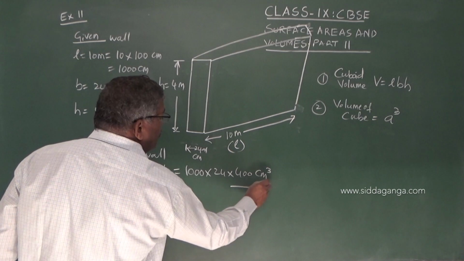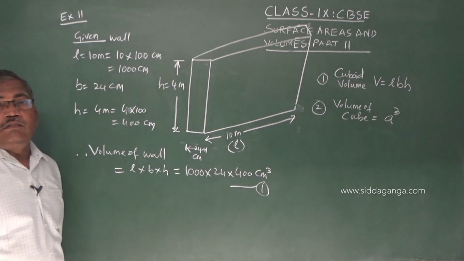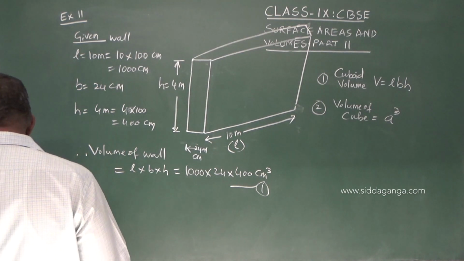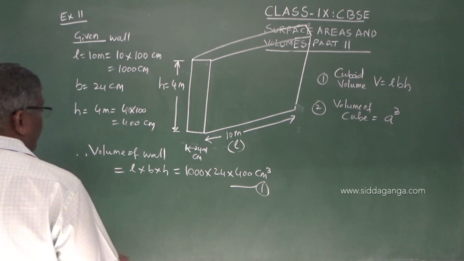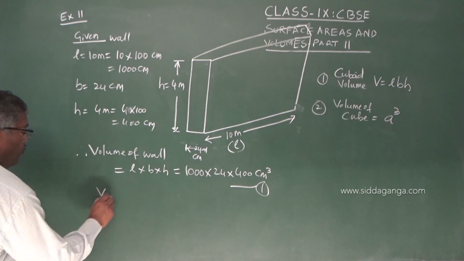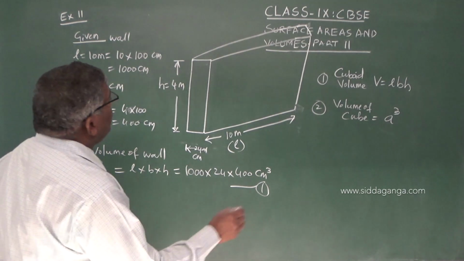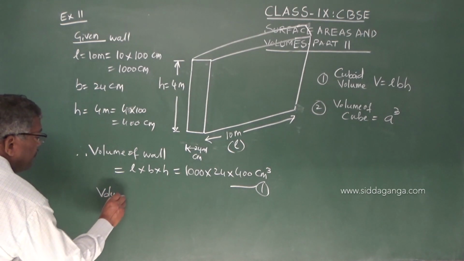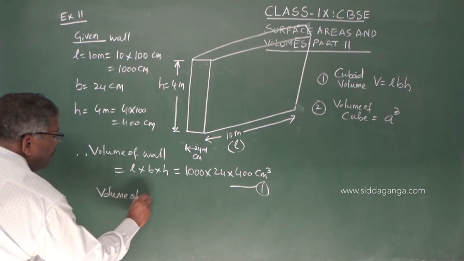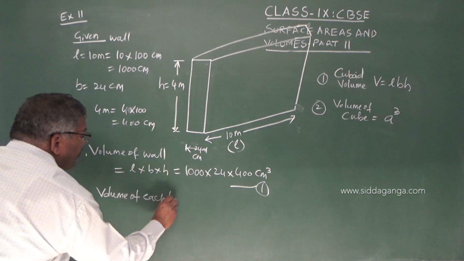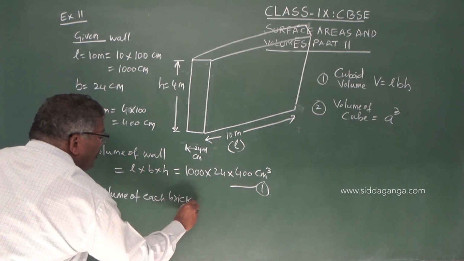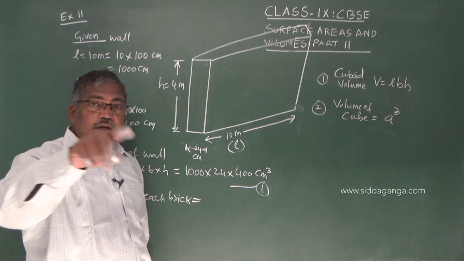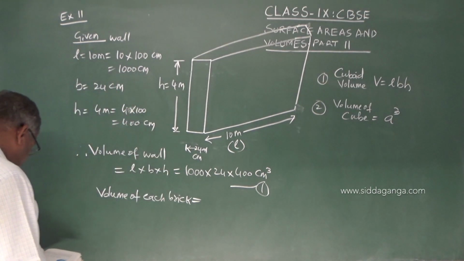You call this equation as 1. Now you calculate the volume of each brick. Brick size they have given. Volume of each brick equals, so brick is also a cuboid, LBH formula will work out there.